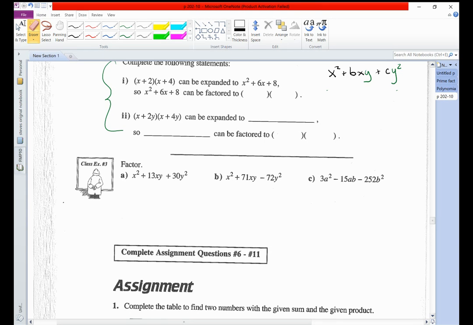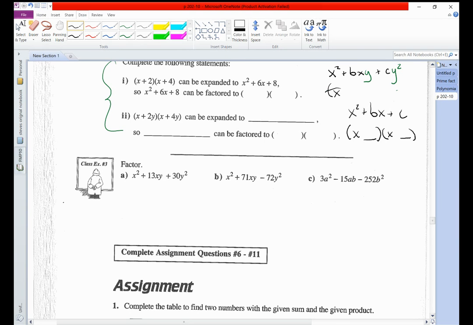Okay, normally when we were factoring an x squared plus bx plus c term, we would write these brackets down and we put an x at the start. And then we were looking for numbers. But now, when we have an x squared and a y squared, I'll just show you an example.